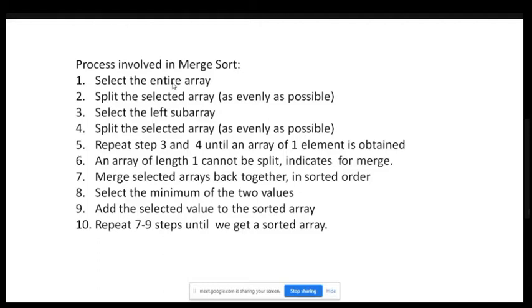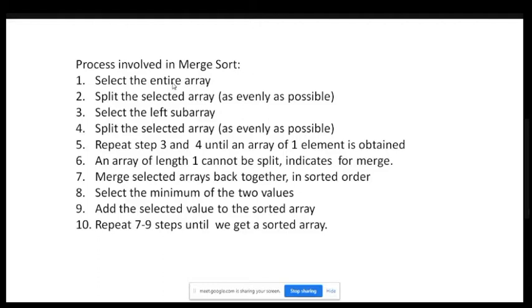While you are merging, you have to check which is the minimum value and sort it out. That is what is given in steps 8, 9 and 10. Select the minimum of the two values, add the selected value into the sorted array, and repeat the process of 7 and 9 until the left sub-array is sorted. Repeat the same process for the right sub-array also, so that you end up with two sorted sublists, which are given to the third step, called the combine process.